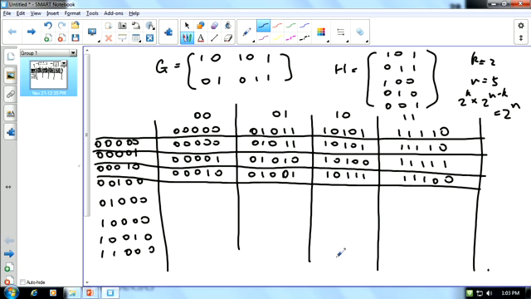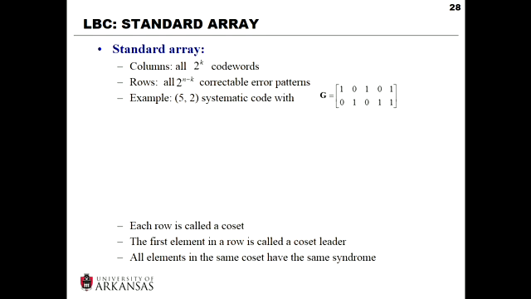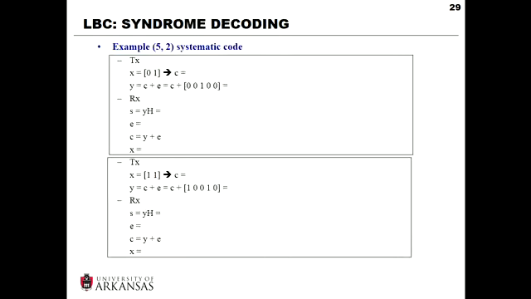There are a total of 2 to the power of n possibilities, right? So whatever you receive, it will be an element in this table. And once you find that element in the table, you can directly find out what is the correct information. So this makes the decoding even more straightforward. We don't need to do any calculation. Just find the element. So this is called a standard array.